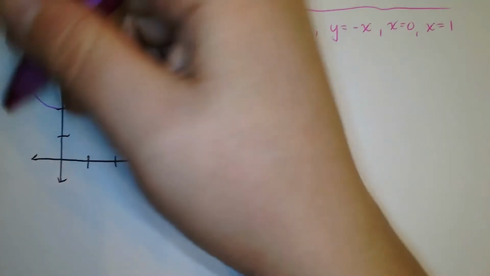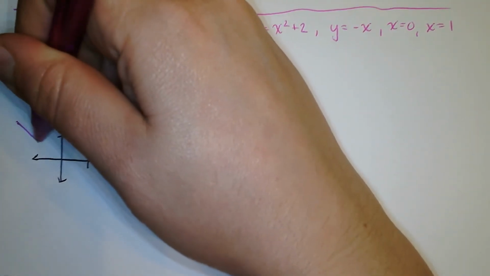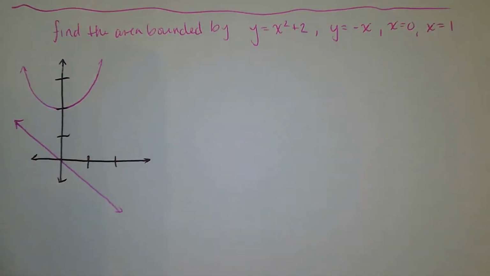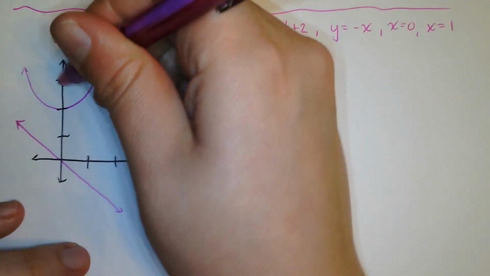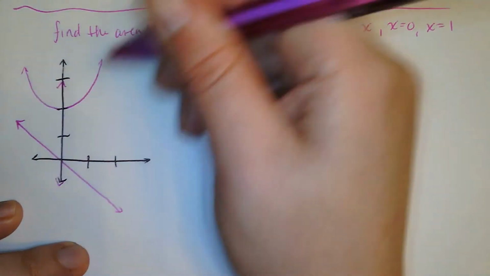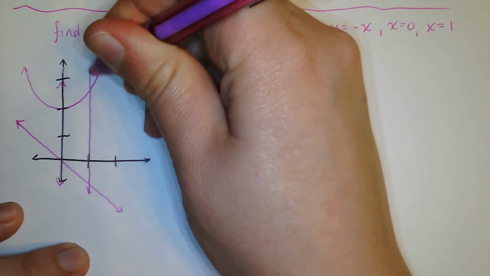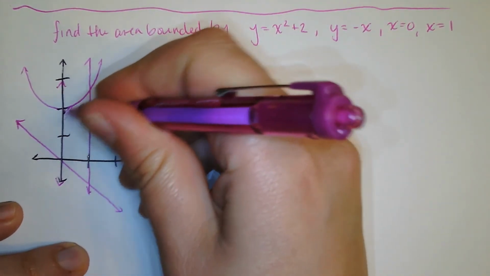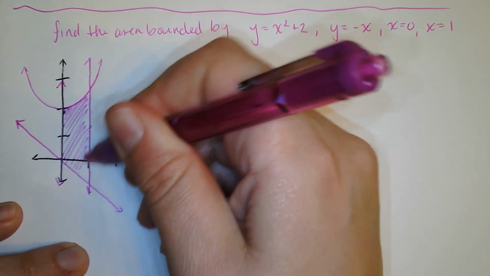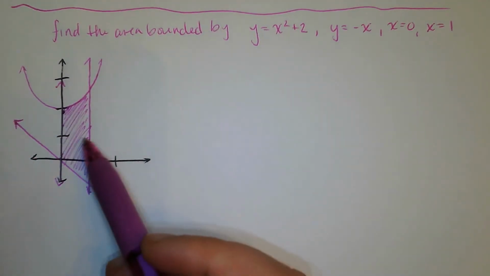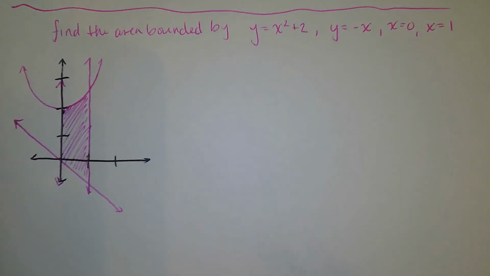Y equals negative x is a straight line going like this. X equals 0 is a vertical line right here. And x equals 1 is a vertical line right here. So we want to get this area. And so the vertical lines are just going to serve as our a and b values.